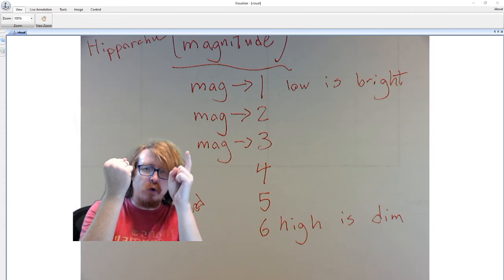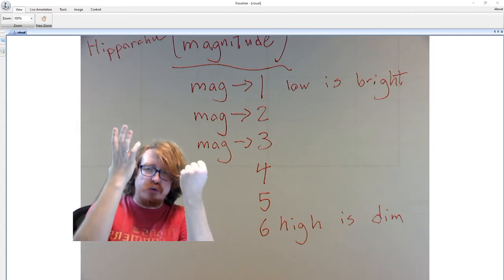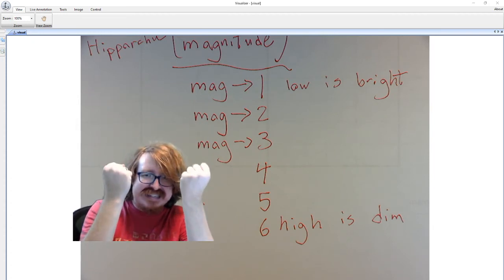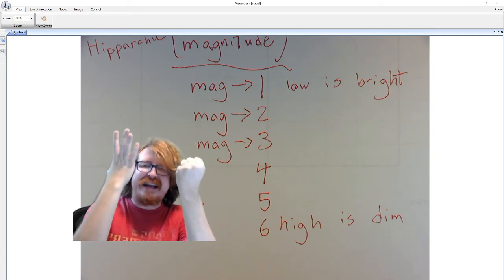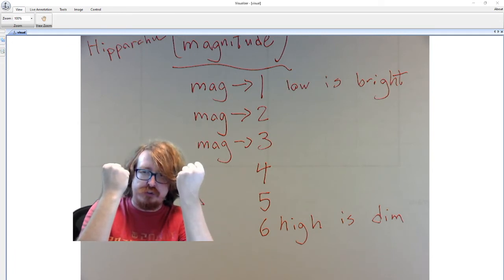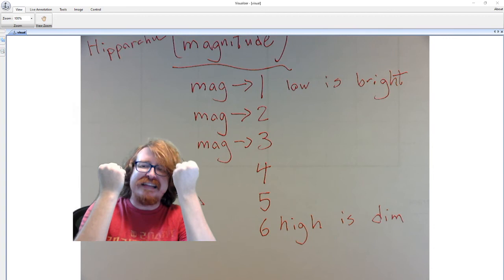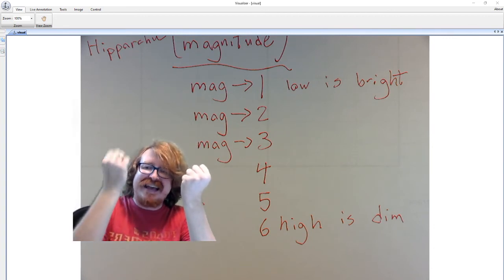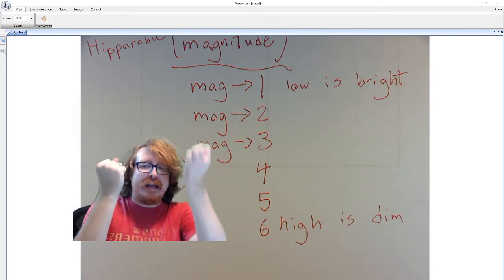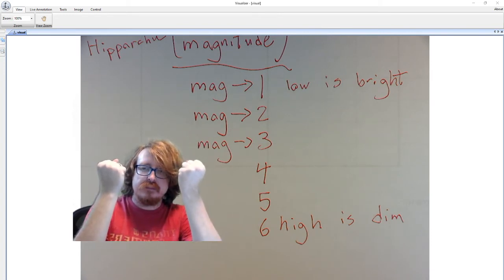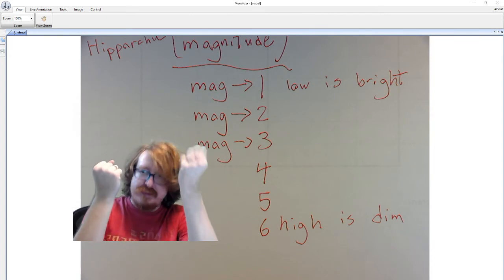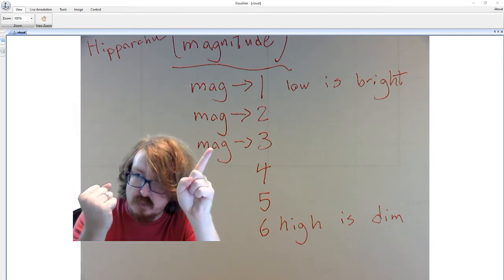But, here we go, remember, A is bright, B is dim, if I asked you which one has a higher magnitude, which one would be the answer? Which one would have a higher magnitude? Bright thing A or dim thing B? Dim thing B. That is correct.